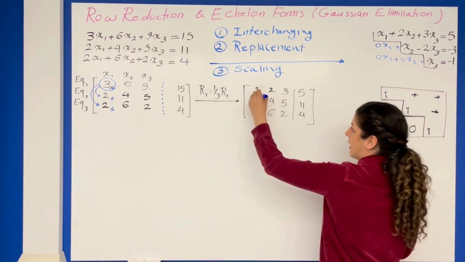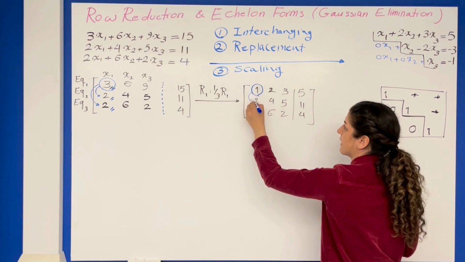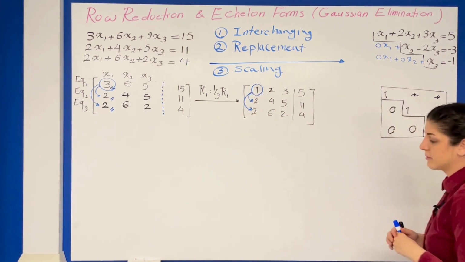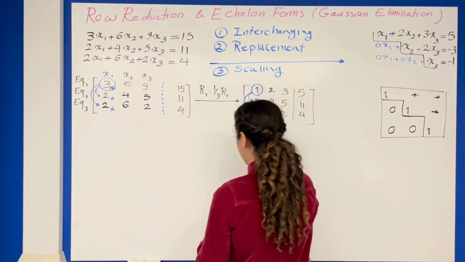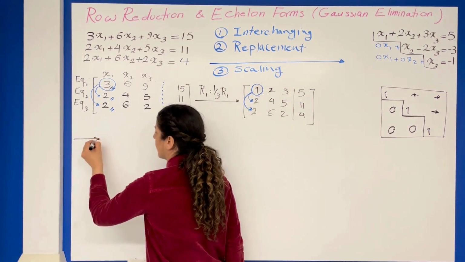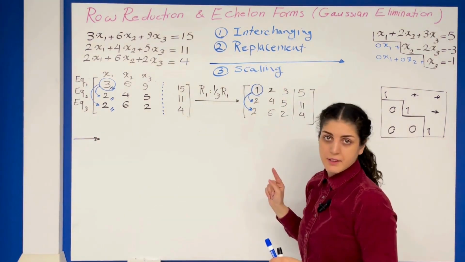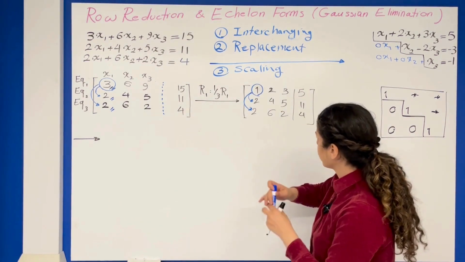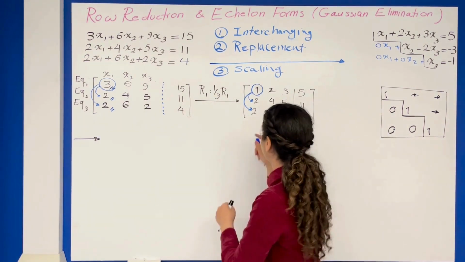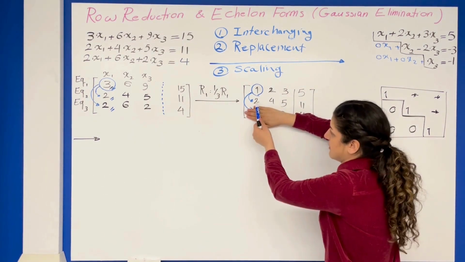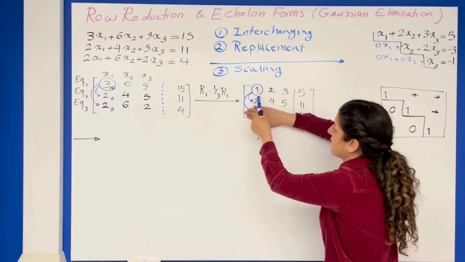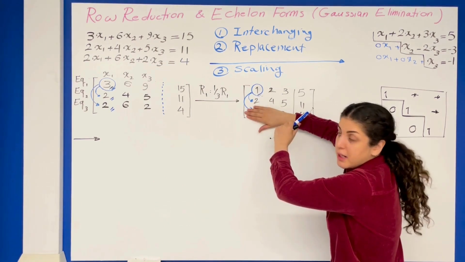Okay, I'm going to use the leading entry to make these two be 0. And in order to do that, I am going to use replacement. So for the second row, right now, let's focus on the second row. I want to make this 0 using the first row, the row that the leading term is in, right?